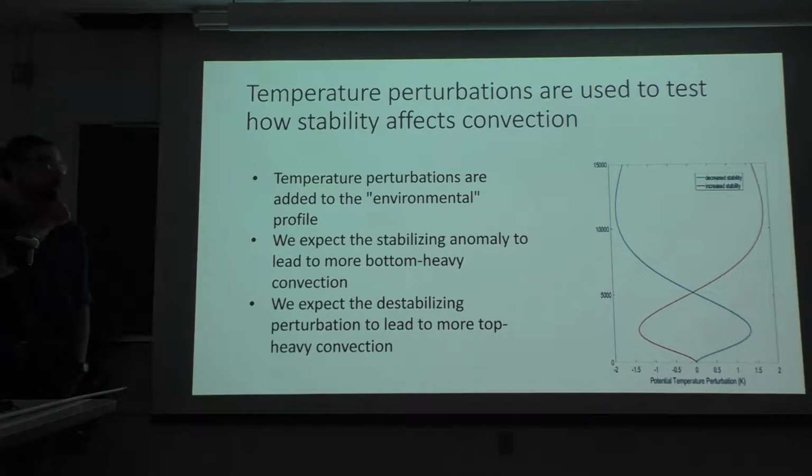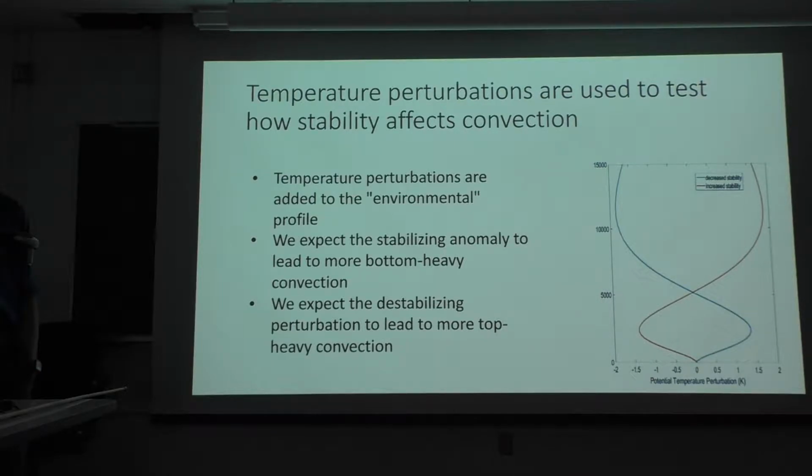The first is where we set the entire column to 85% relative humidity. Setting the column to 85% tends to dry out the lower atmosphere and moisten the upper atmosphere, so we also have two perturbations which isolate these effects: one just dries the lower atmosphere, and the other moistens the upper atmosphere separately.